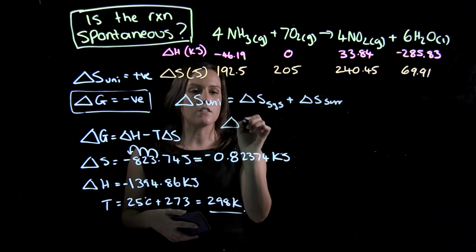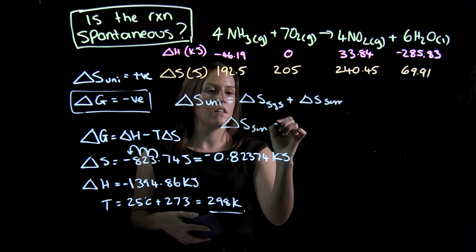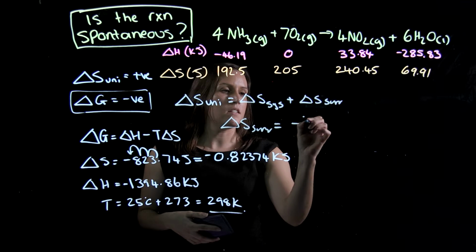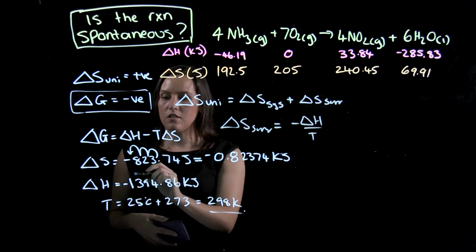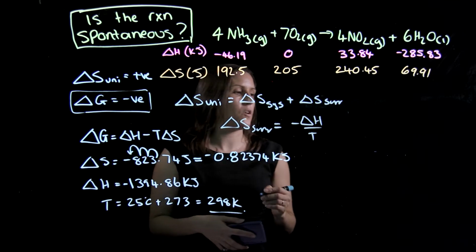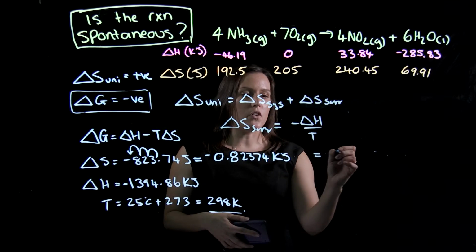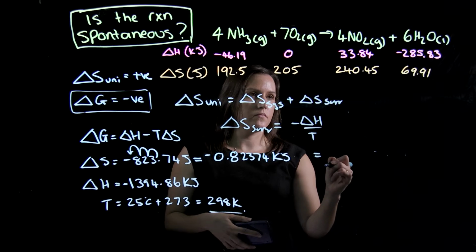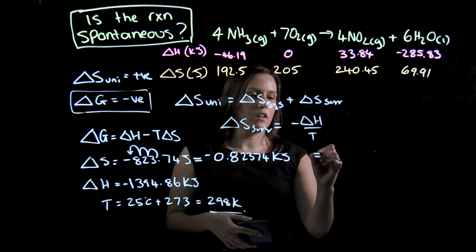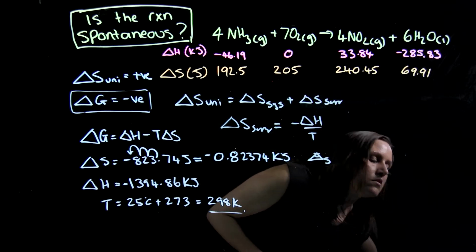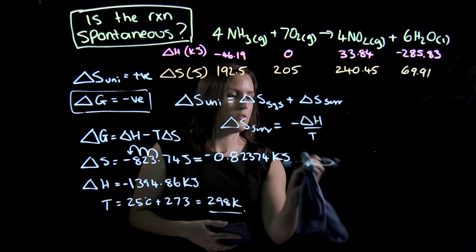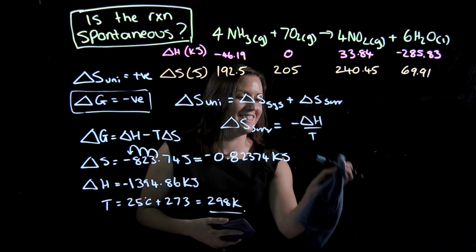And the formula for delta S of the surroundings equals minus delta H on T. We've got our delta H value, we've got our T value, so we can work that one out. Sorry, I'm having trouble with such a small space.